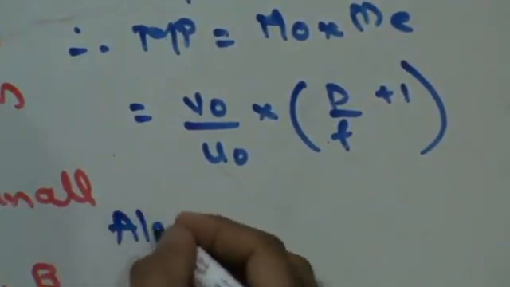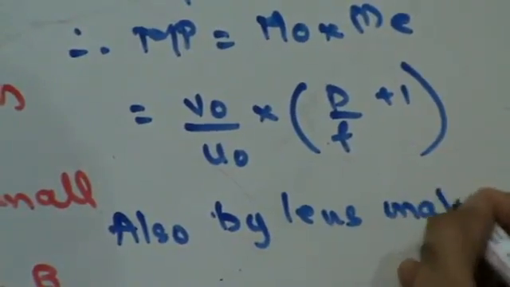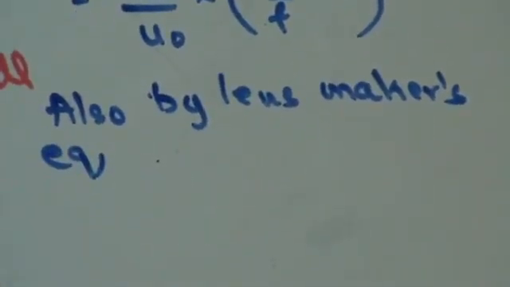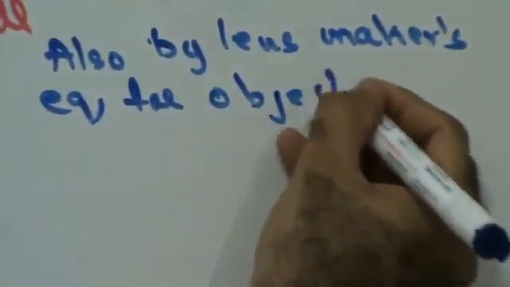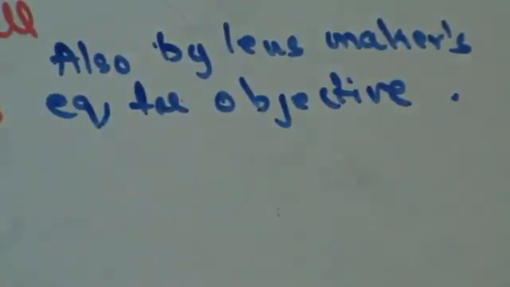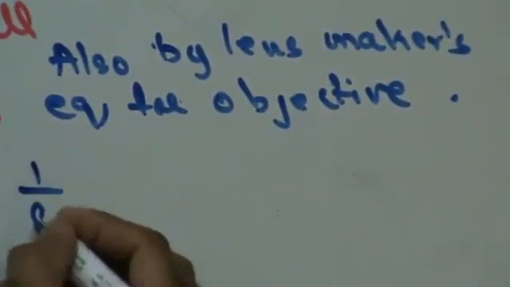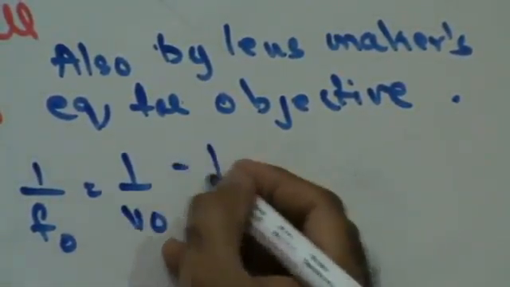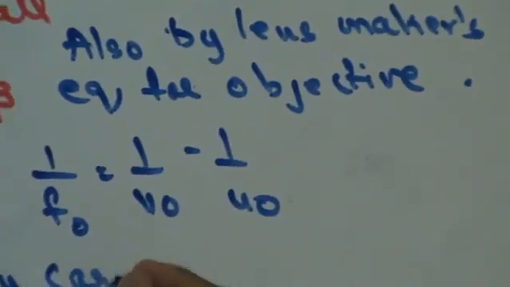Also by Lensmaker's equation for the objective, I can say that 1 upon f0 is 1 upon v0 minus 1 upon u0, by Cartesian sign convention.